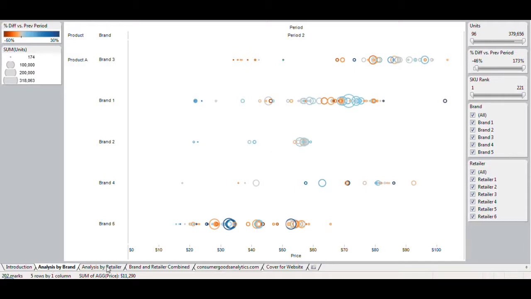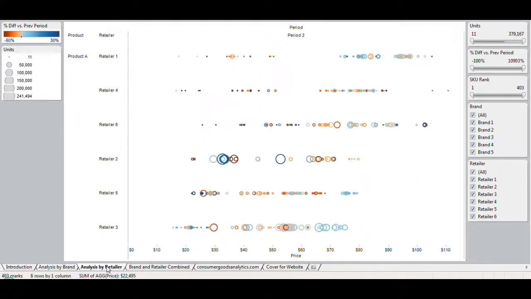Now let's look at some other similar visualizations with other cuts of information or other dimensions. This one looks at the data by retailer. So instead of having brand in the left, we have a retailer, and we're able to clearly see that retailer number 1 has a better mix of product, and retailer number 3 has most of the SKUs here in the bottom end of the range.